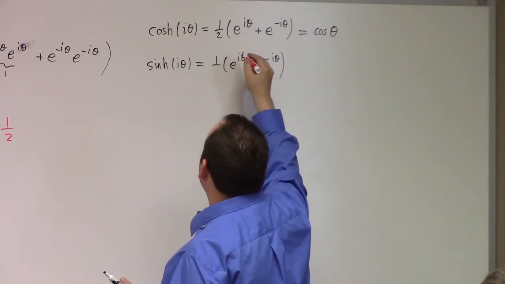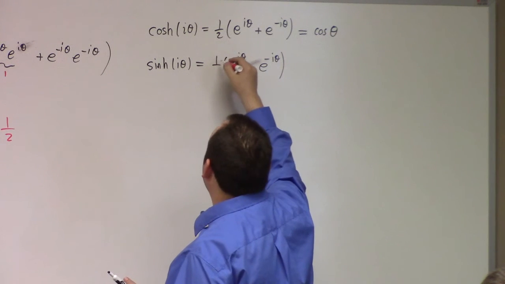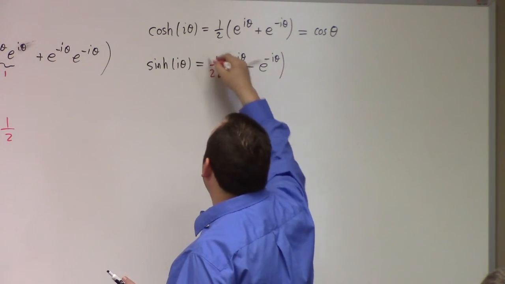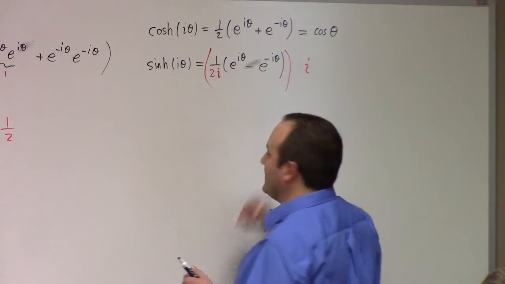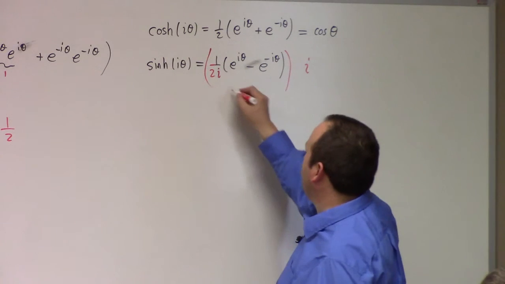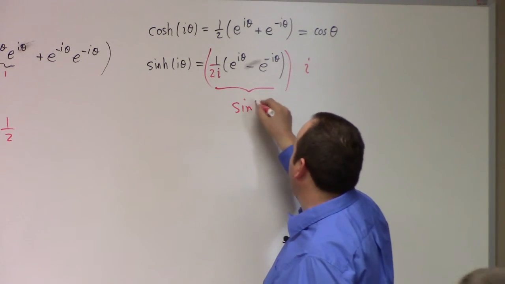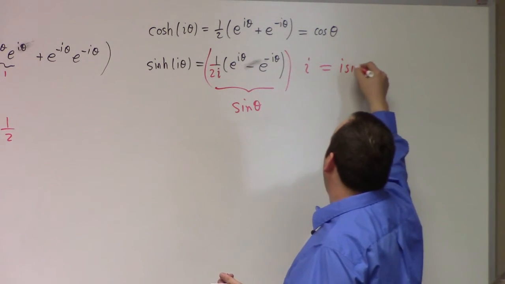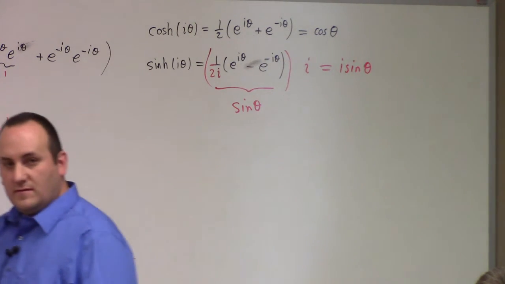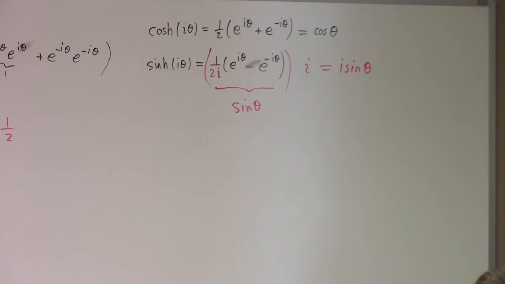Multiply both sides by i. Divide both sides by i. I will multiply and divide by i on the same side, which is like multiplying by 1. But then this is sine theta. So yes, sine and cosine and cosh and sinh are related in this way.